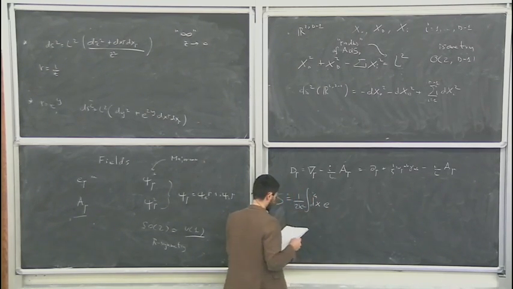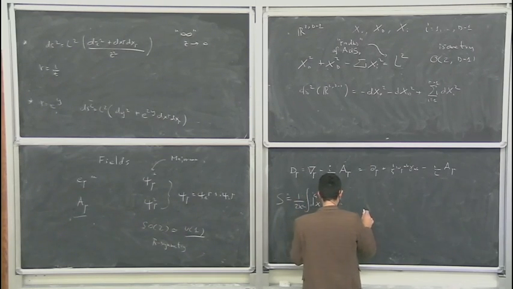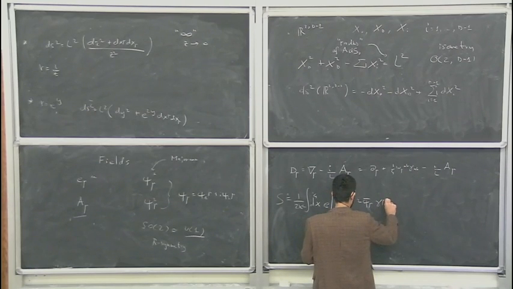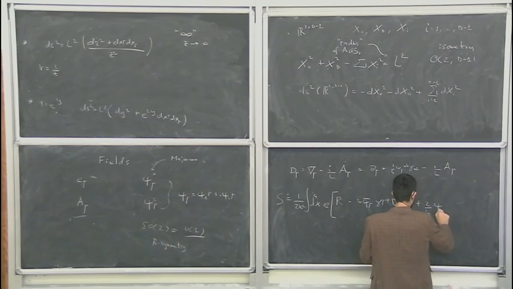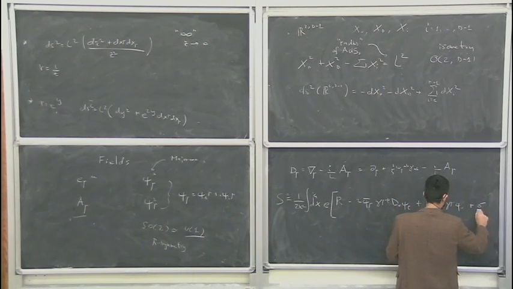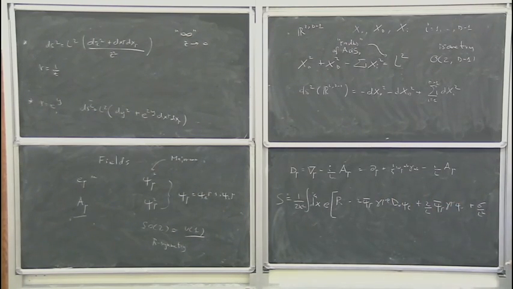I have my square root of the determinant, and I have various terms. So I have R, and then I have this psi mu bar, gamma mu nu rho, d nu psi rho, plus 2 over L, psi mu bar, gamma mu nu psi nu, plus 6 over L squared. You can check that I have been consistent with this 6 as coming from d equal to 4.